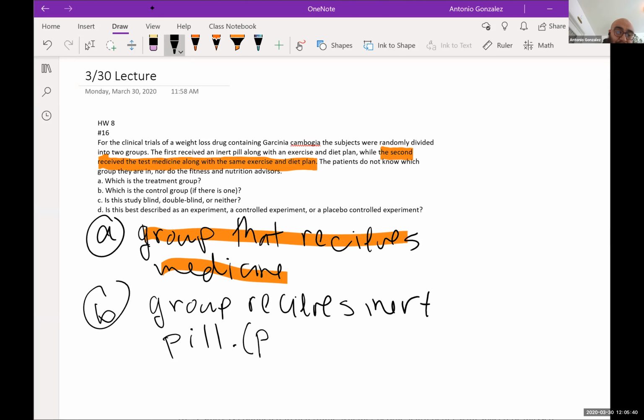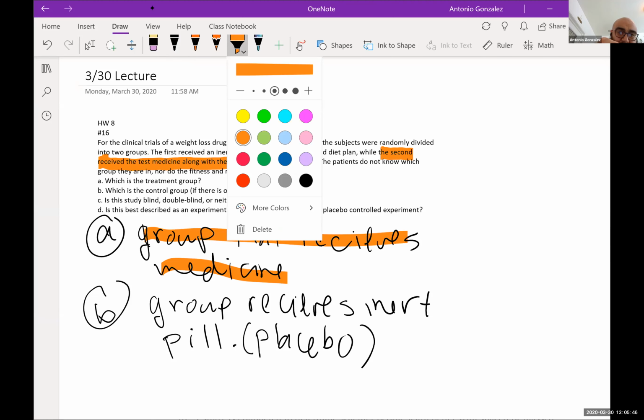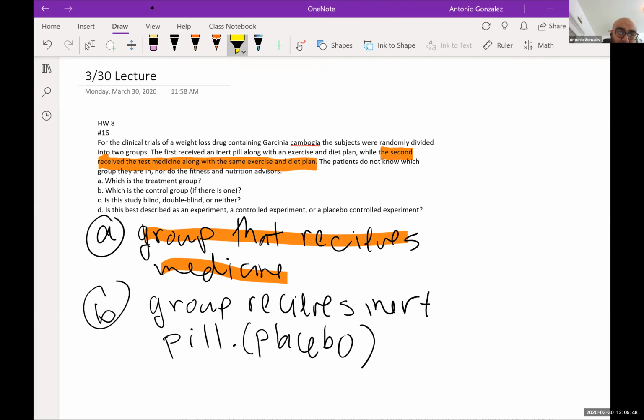When we say inert, think of a placebo. Let me highlight that with a different color here. Notice that both of those receive the same exercise and diet plan, so that's not changing. Really, the only thing they are going to test is that inert pill. Okay, all right, and that would be this one there.